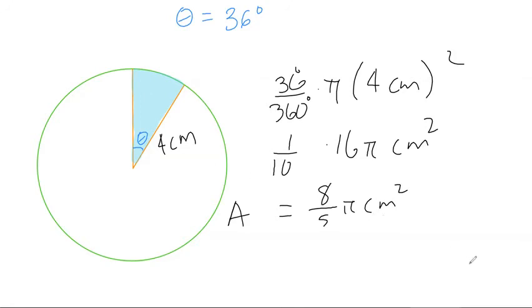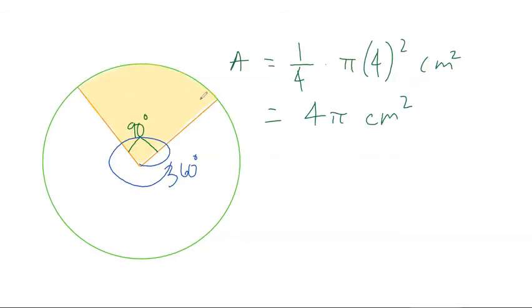Now let's say that we weren't trying to find the area. Let's say that we were trying to find the perimeter of this sector. Well, note that the perimeter of a circle is called the circumference. And perimeter always just refers to the total length around a shape.